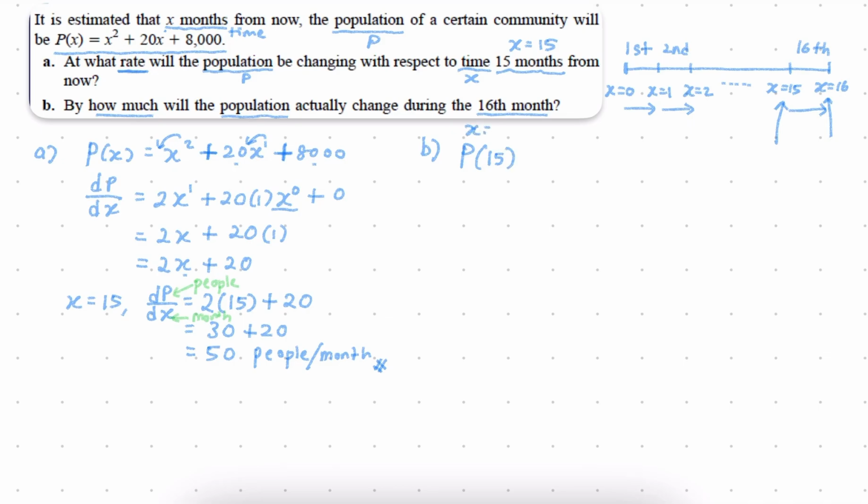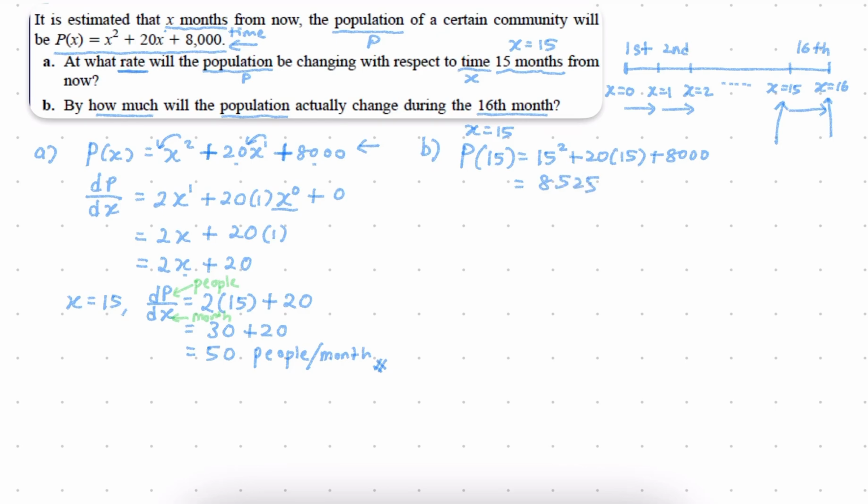Of course, we substitute into the given function of population, where I have to substitute the x with the x value of 15. So it's 15 squared plus 20 times 15, plus 8,000, and this gives us 8525.